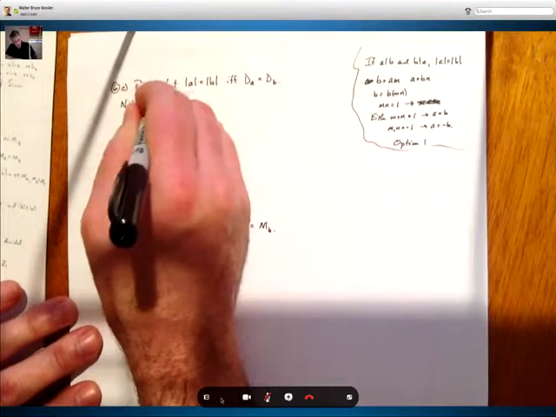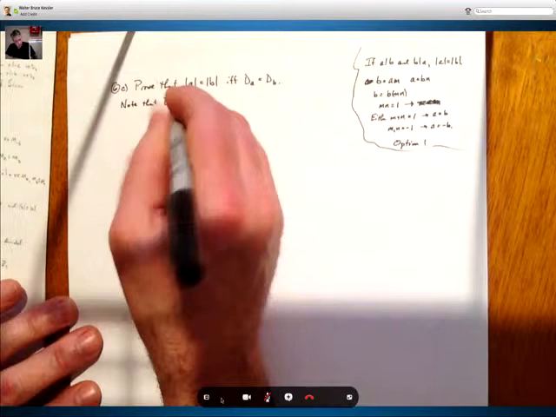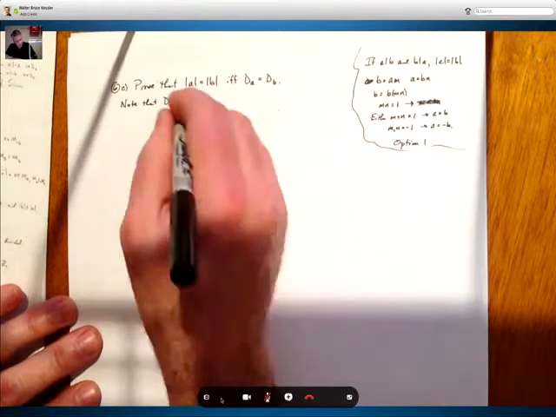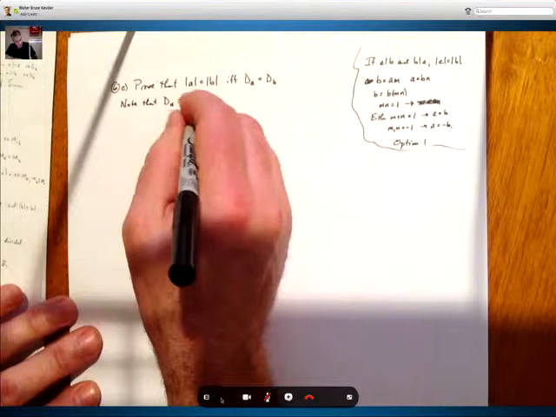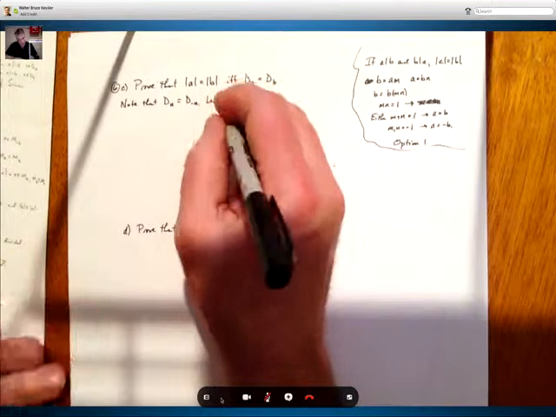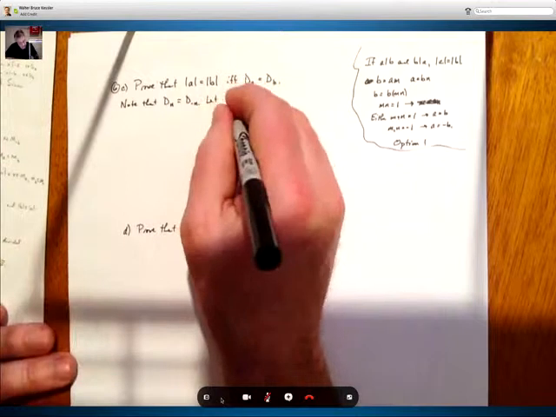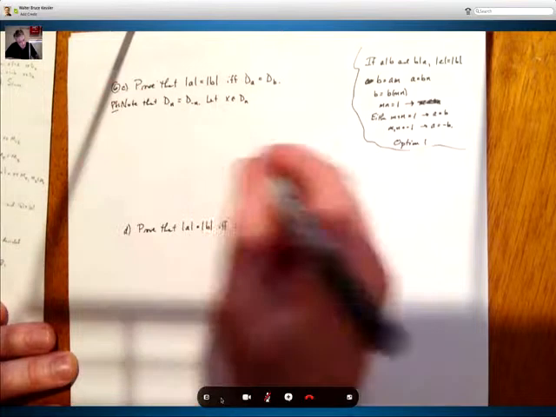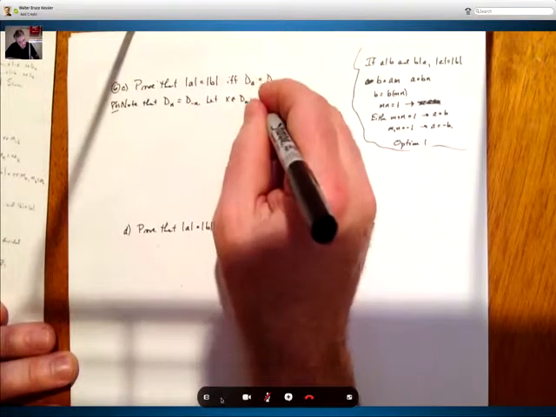So, and that's kind of the way I would start. Note that D of N, for a general N, is equal to D of negative N. Okay, to prove that, let X be an element of D sub N. Here's my little proof.